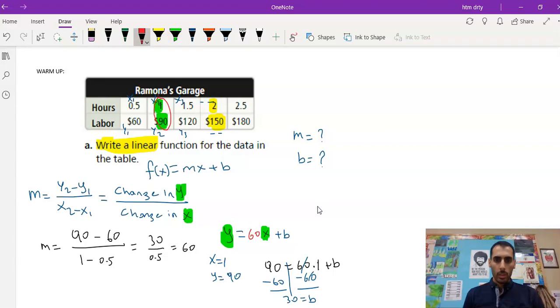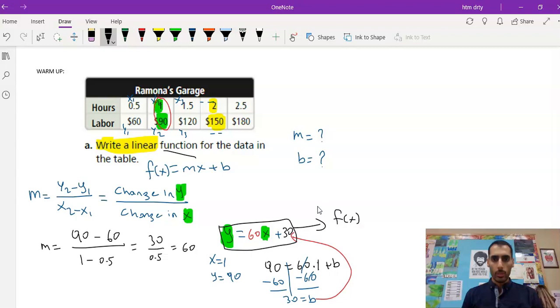Now I take this b and replace it, and we delete that one and we put 30. There you go. Now we have an equation. It says the function, so let's change the function notation. That's going to be f(x) equals 60x plus 30. This is our answer. Okay, good.